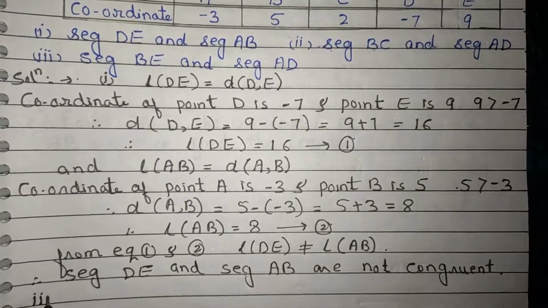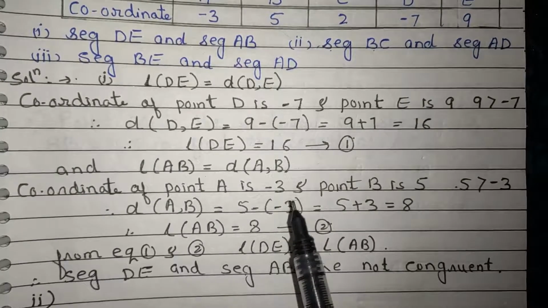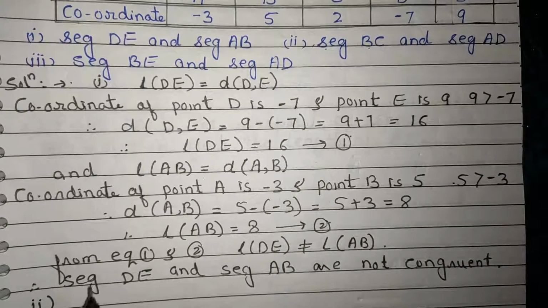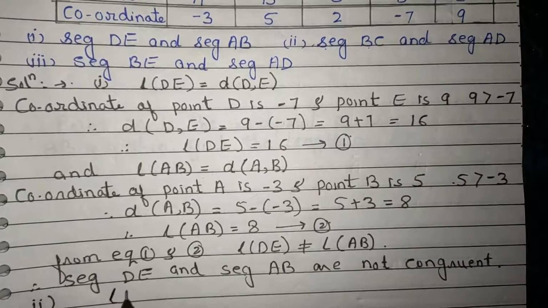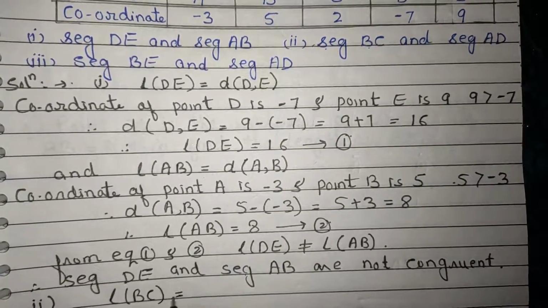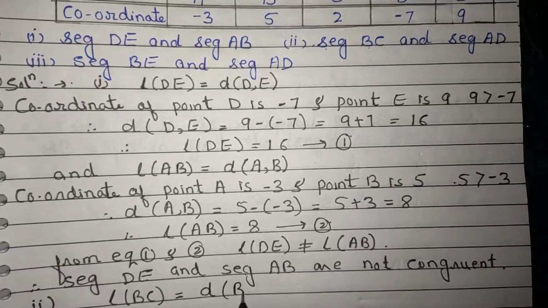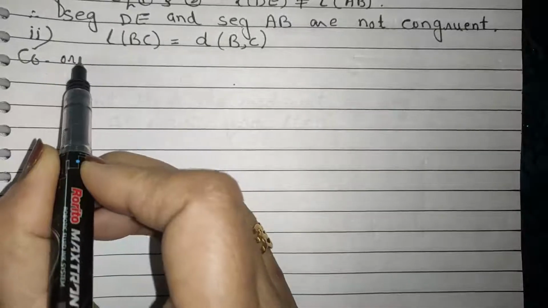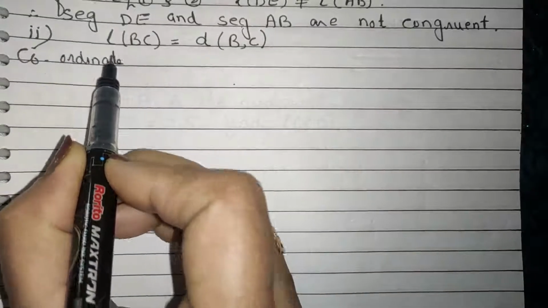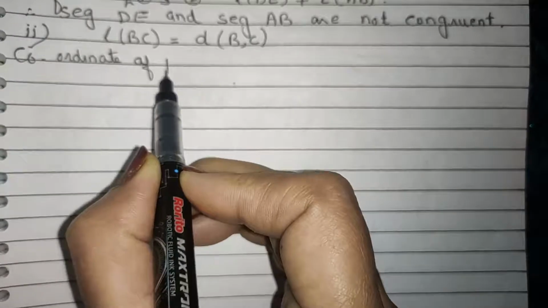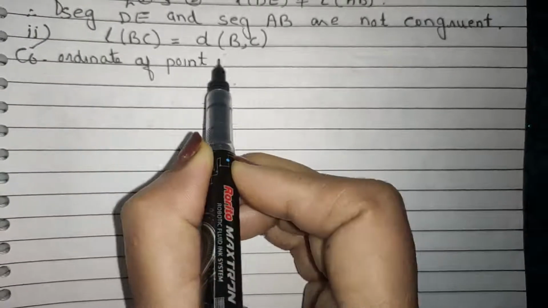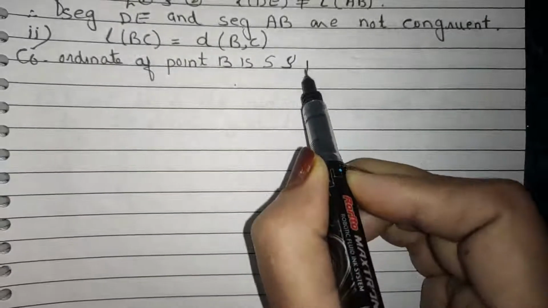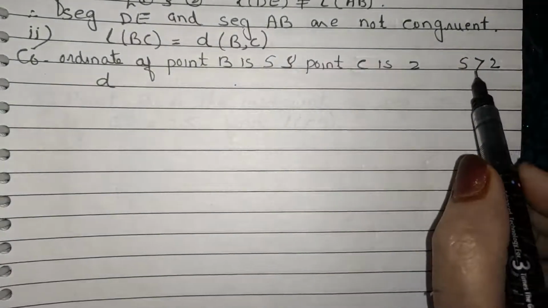Now second one, look here, second one is segment BC and segment AD. Now length BC is equal to distance between points B and C. Now coordinate of point B is 5, and now here 5 is greater than 2.